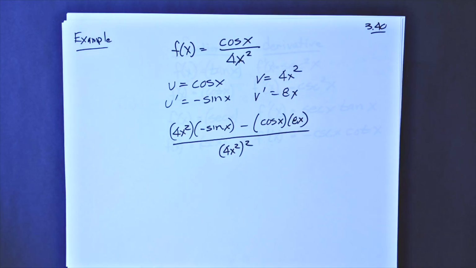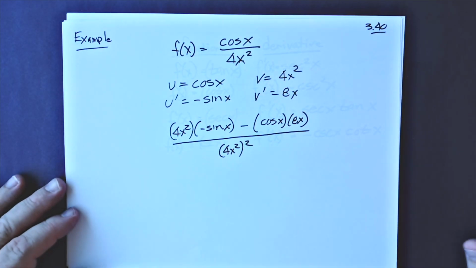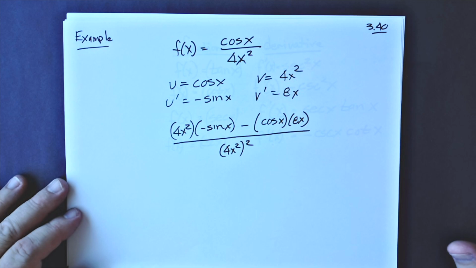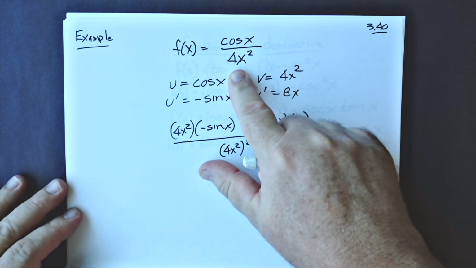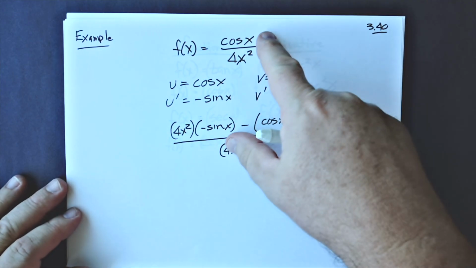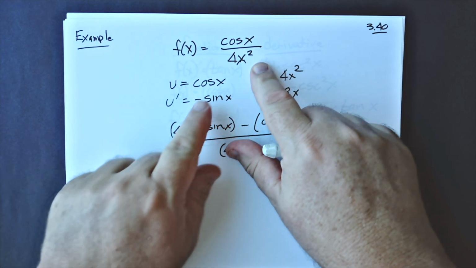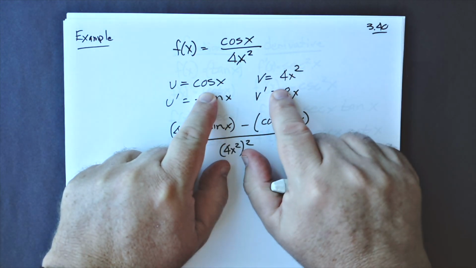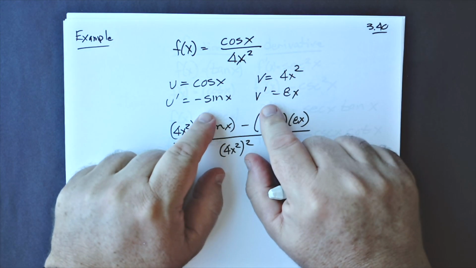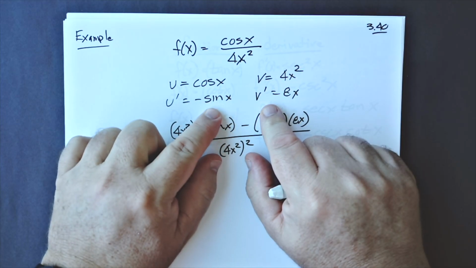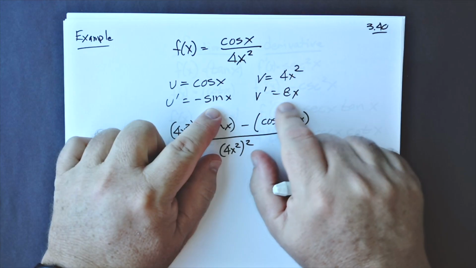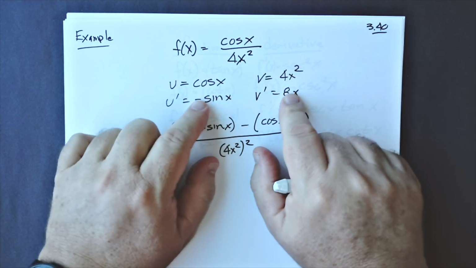We can look at a quotient rule version of the same exact thing here. So we've got cosine x over 4x squared. So again, this is u over v. So my u is cosine, my v is 4x squared. And then my u prime, or du, would be negative sine x. And my dv, or v prime, would be 8x. And then I plug those pieces in.